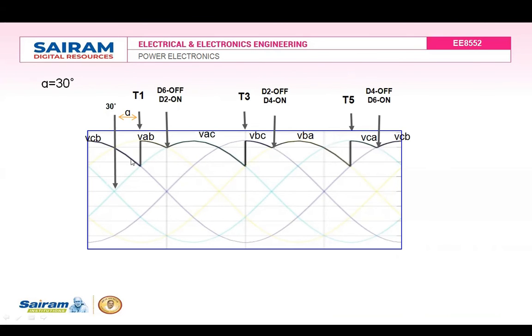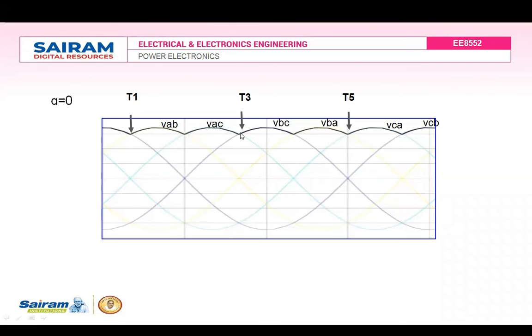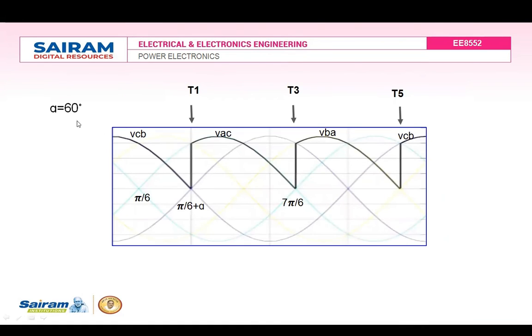Before T1 is triggered, the combination of T5 and D6 were conducting. So during that period, the load voltage is VCB, which gives the output voltage following the waveform VBC. Later on, the output voltage will follow VBA, then VCA, then VCB.